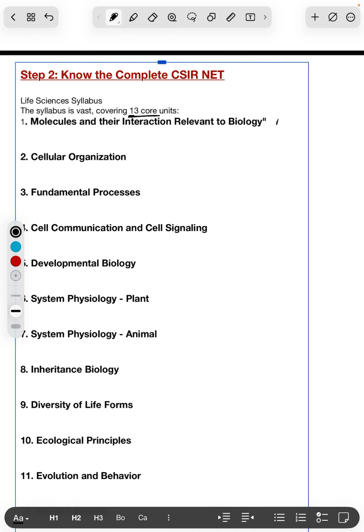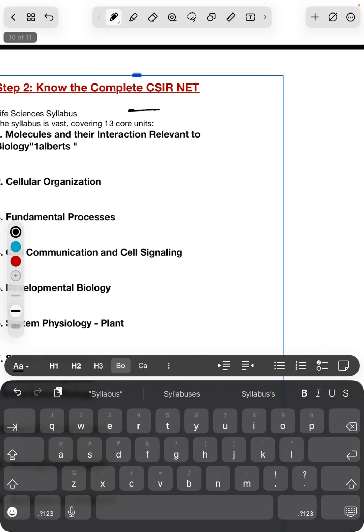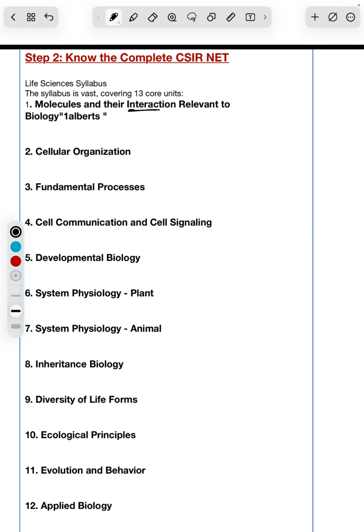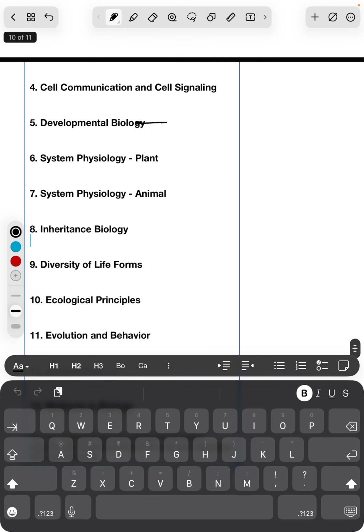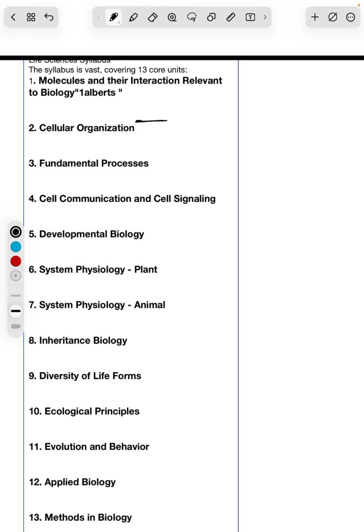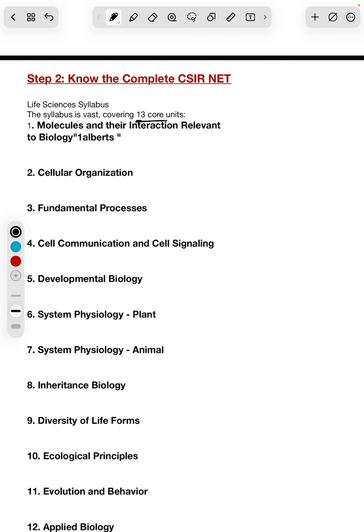And for the biochemistry part, you can go with Lehninger.